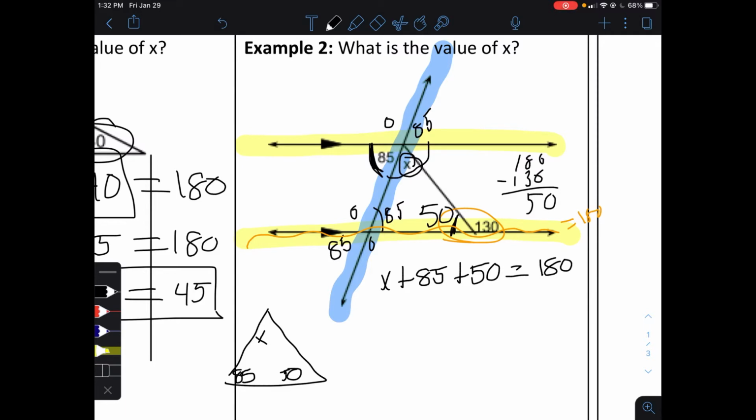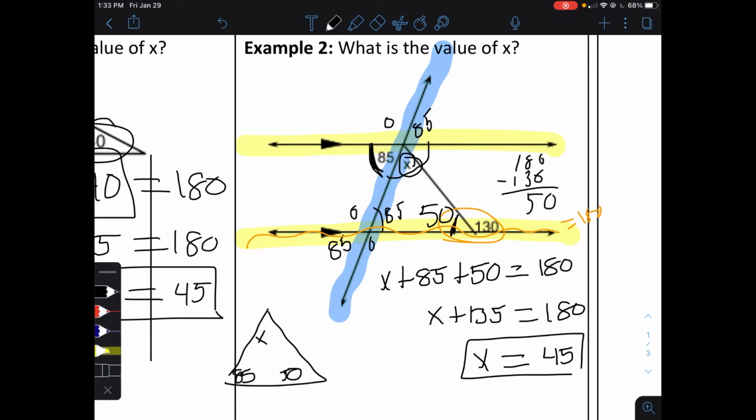Once again, combine like terms. I get X plus 135 again, and that's equal to 180. And then, of course, just like in the last one, X is equal to 45.